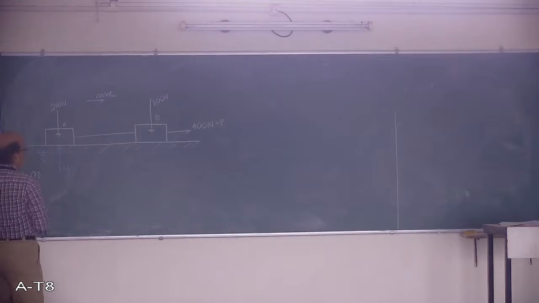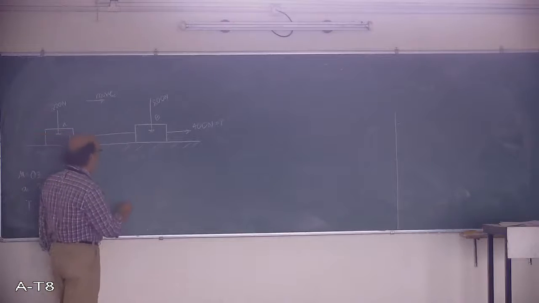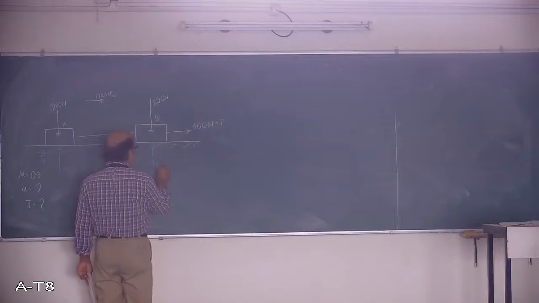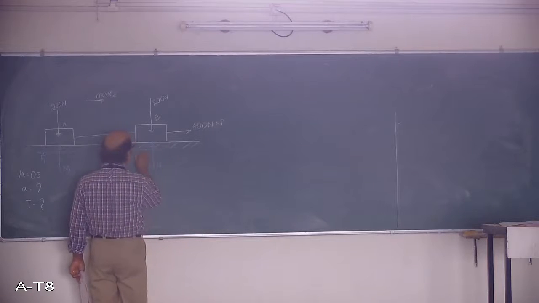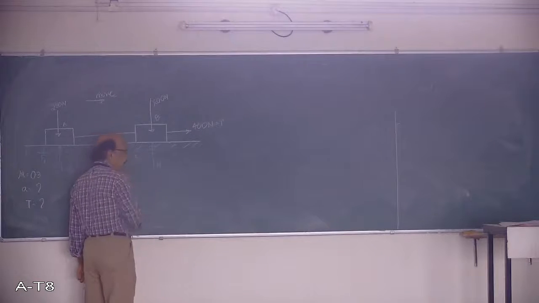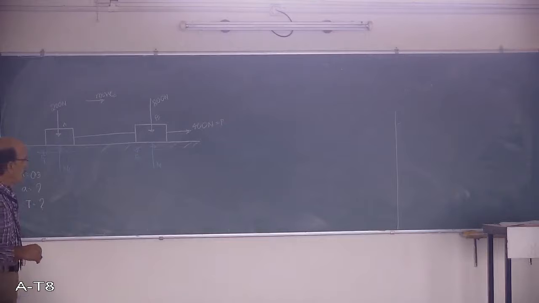I call it F1, and N1 is the reaction, and this is for this block. For the other there is a vertical reaction N2 and the frictional force F2 acting opposite to the direction of the movement. Always the frictional force will act opposite to the direction of the movement.